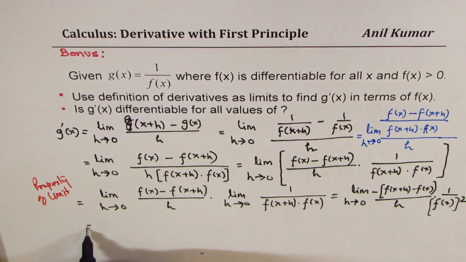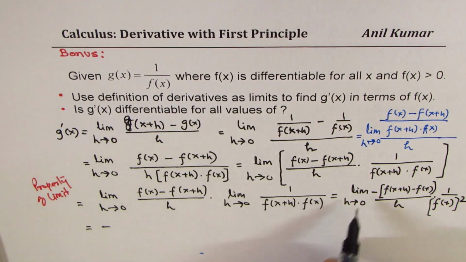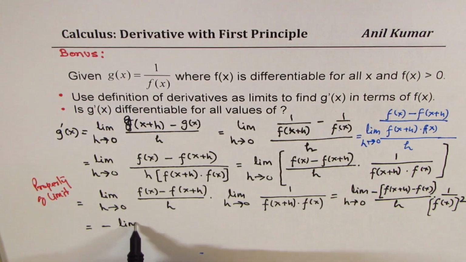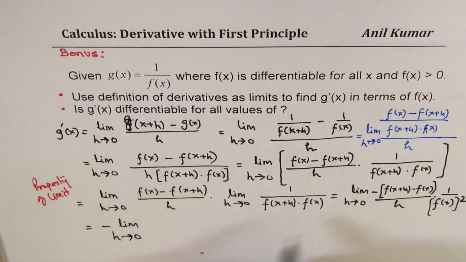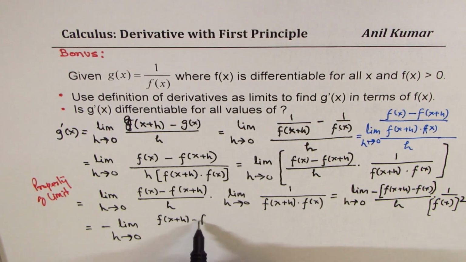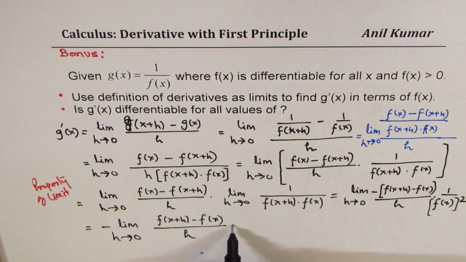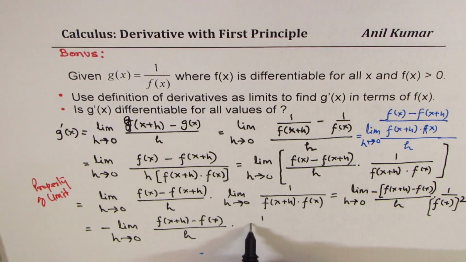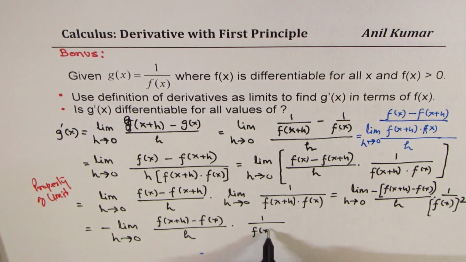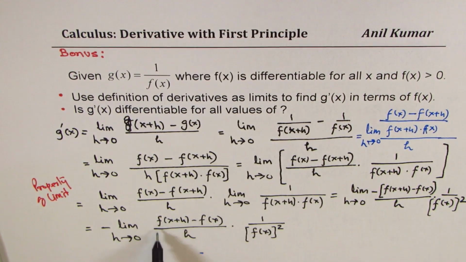Now what does this give you? We could write the negative outside now and we get the limit as h approaches 0 of the function f of x plus h minus f of x over h, times 1 over f of x whole square. Now this by definition is the derivative of f of x.